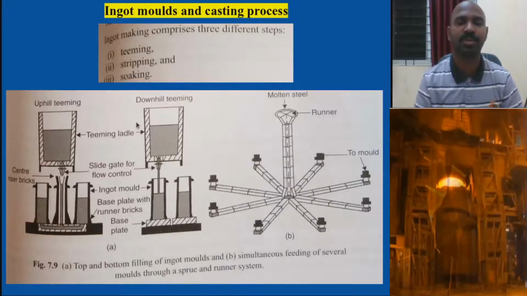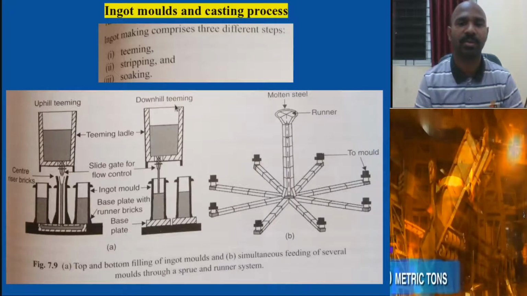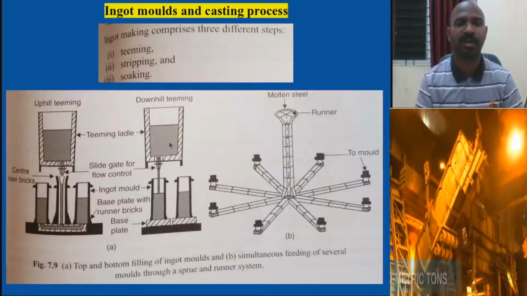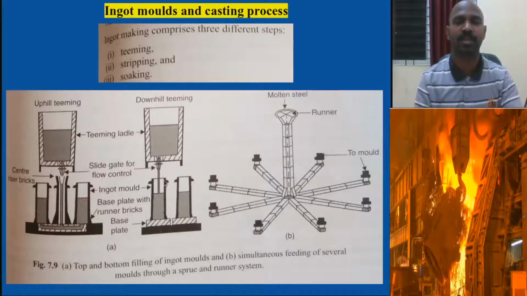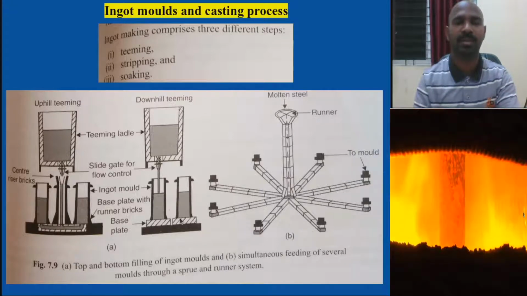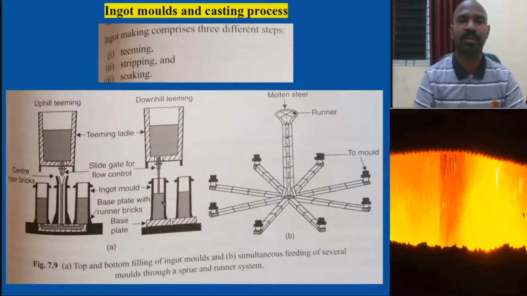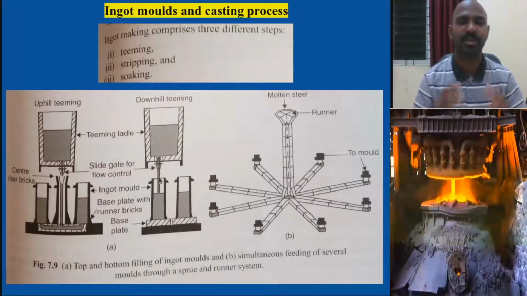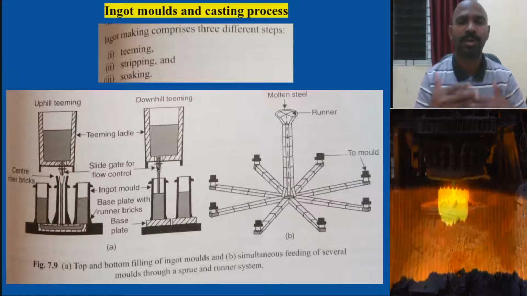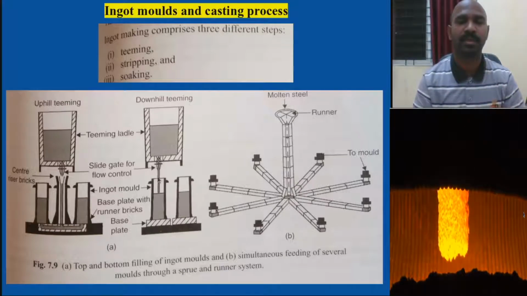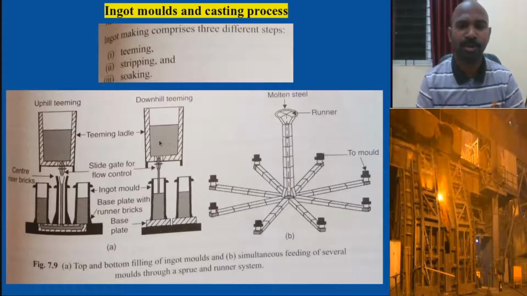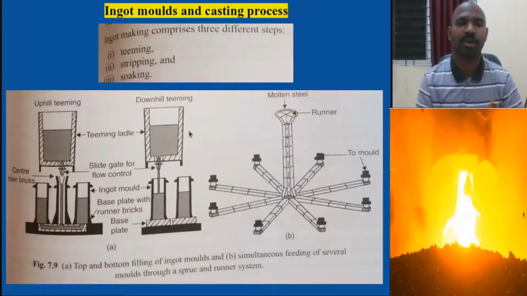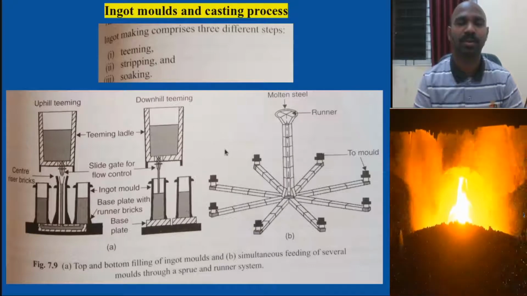Another process is called the downhill teeming process. This is the base plate, and you have multiple molds. This is one mold, this is another mold. After filling one mold using the shroud with slide gate flow control from the teeming ladle, you allow it to solidify, and you need to move with the crane mechanism to another mold.